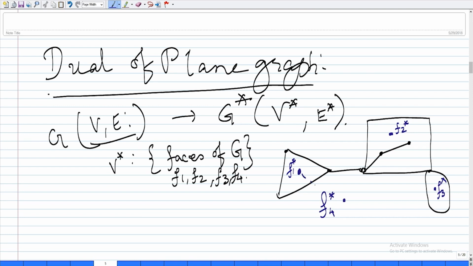So here if you see, there is an edge between F1 star and F2 star, because it has one boundary here, not only one, in fact you can see this is also another edge. So along this you have another one, right. In fact F4 star has a cut edge, right. That means it has a boundary sharing with itself. So I should also consider that edge.